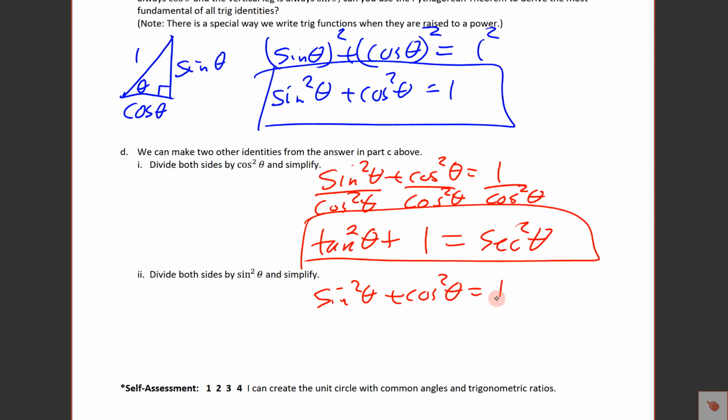I'm sorry, what did you say? Okay, Wilson, will you tell us the right way to do this? We're going to divide by sine squared theta.